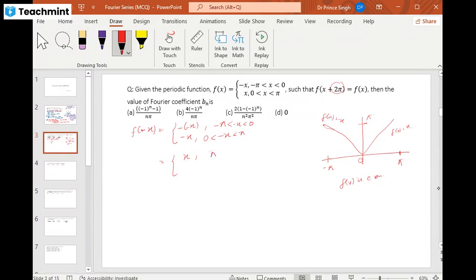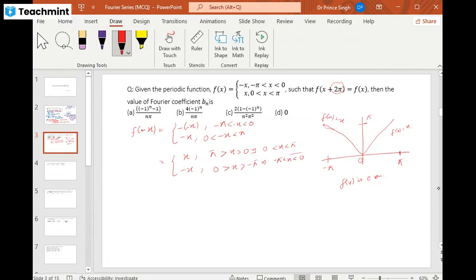So it is pi is greater than x is greater than 0, and here it is minus x. Again, the sign of inequality will change: 0 is greater than x is greater than minus pi. So basically, this is 0 is less than x is less than pi, and this is minus pi is less than x is less than 0.